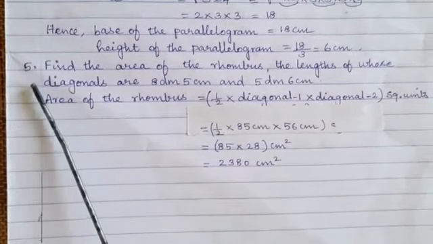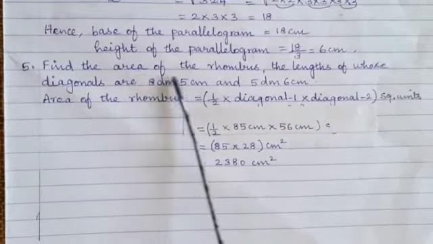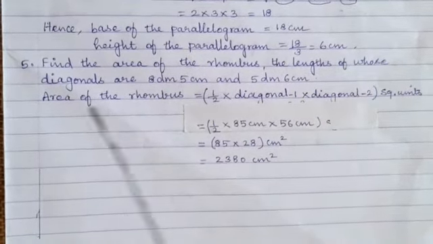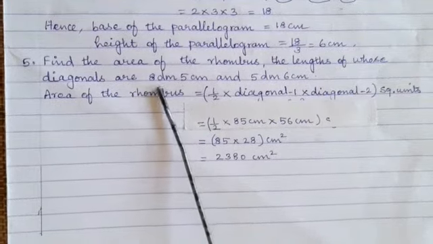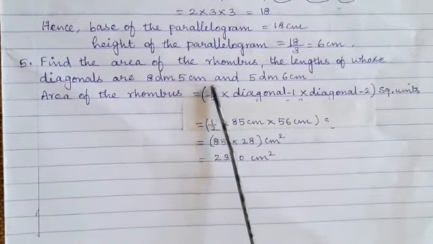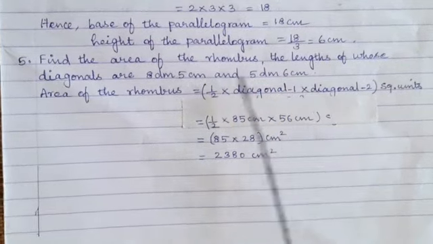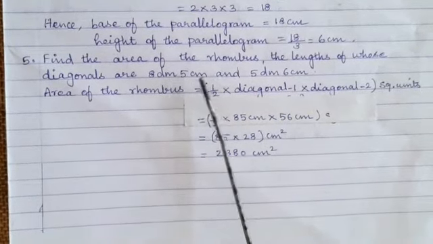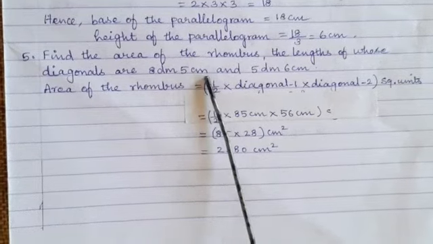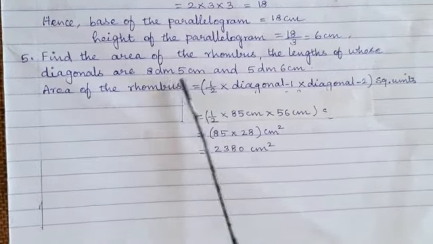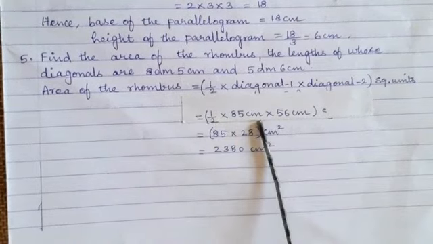Question number 5. Find the area of the rhombus, the lengths of whose diagonals are 8 decimeter 5 centimeter and 5 decimeter 6 centimeter. Here the diagonals are given in 2 units, so convert into 1 unit. 8 decimeter 5 centimeter converting into centimeter, that is 85 centimeter.